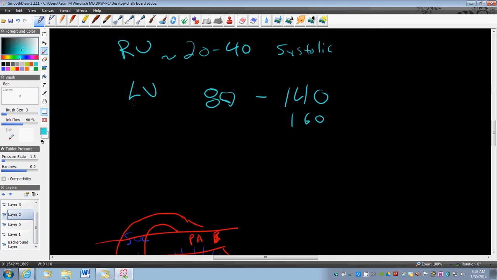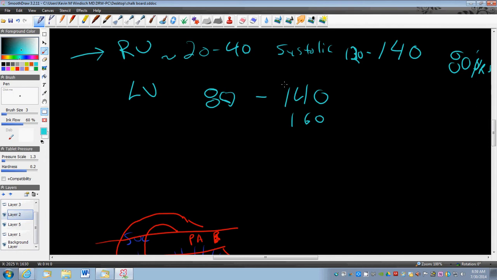The problem we run into with this Fontan procedure for hypoplastic left heart is now you have the right ventricle pumping systemically. You're asking that ventricle to pump 120 to 140 systolic. Well, guess what? It can't do that for 80 years.